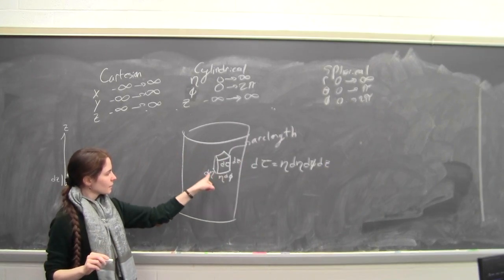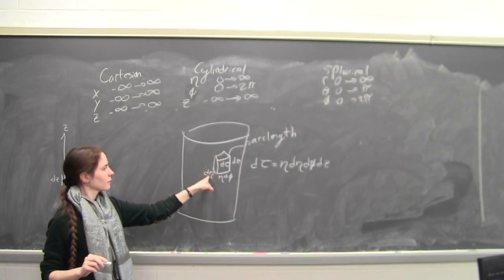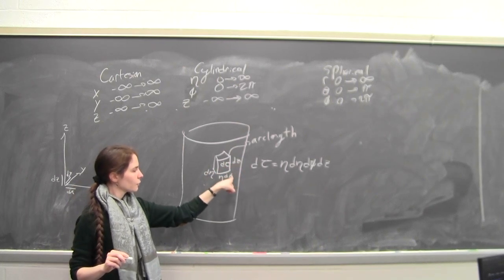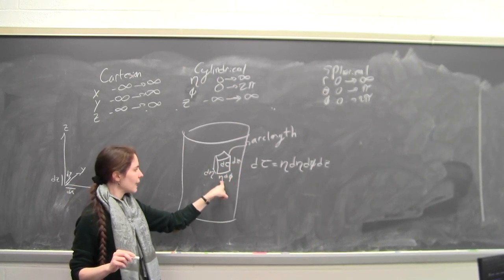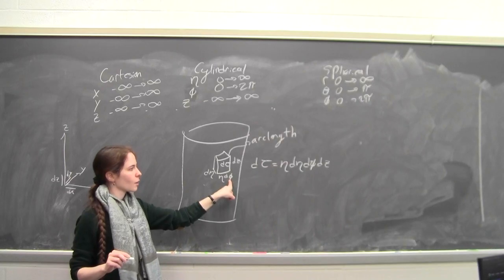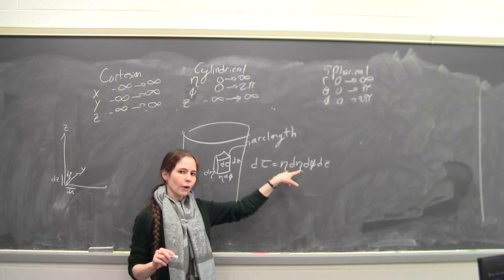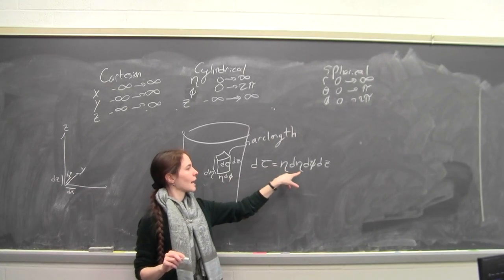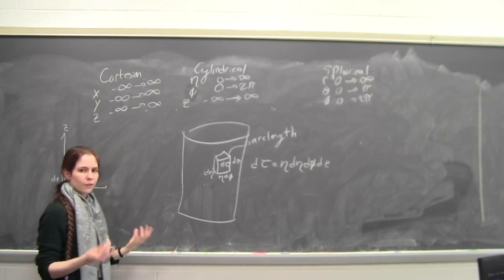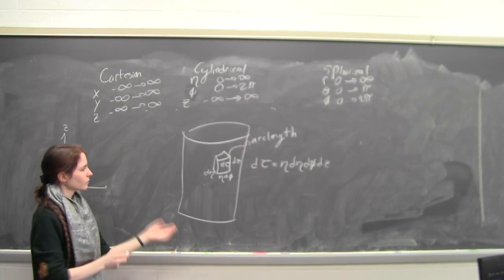And you can see eta is a length, z is a length, phi is just an angle, but eta times d phi is now also a length. So this little volume element does have dimensions of length cubed, which is what we need it to have.